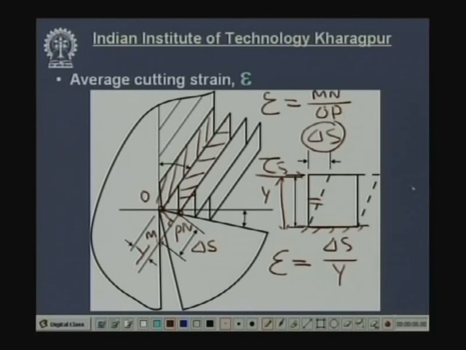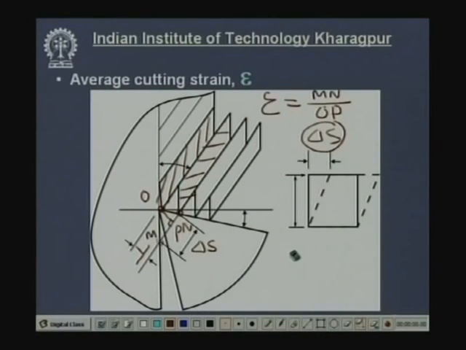Now, here, what is MN? So epsilon is equal to MN, and MN can be divided into MP plus NP, divided by OP. And what is MP?